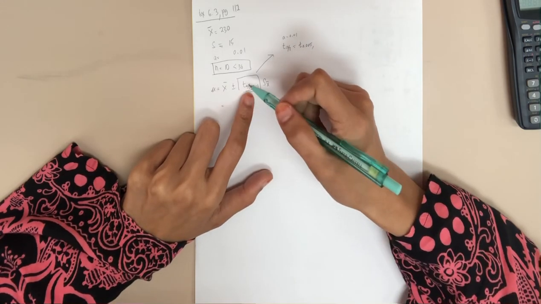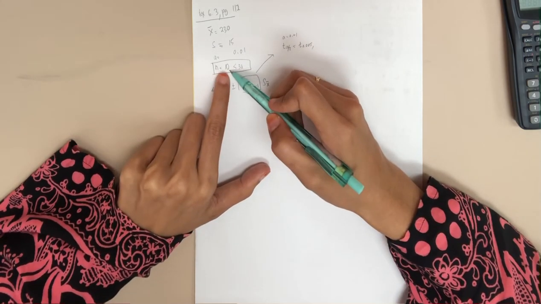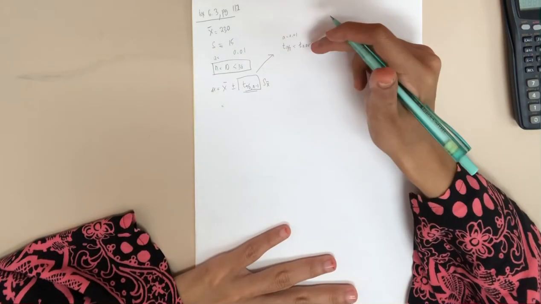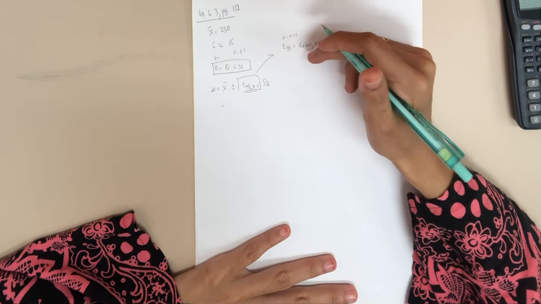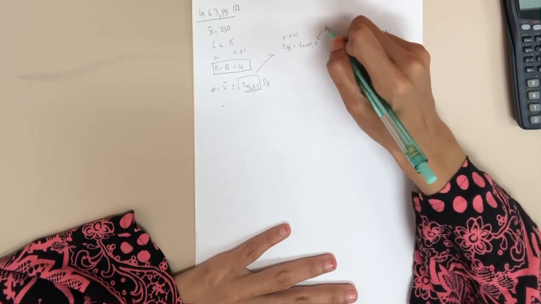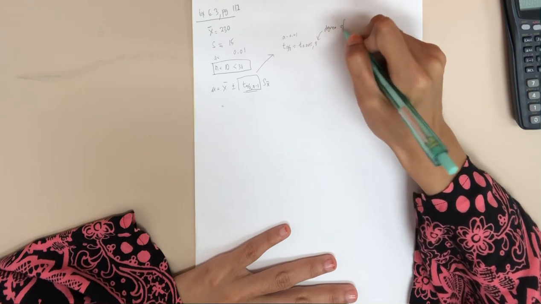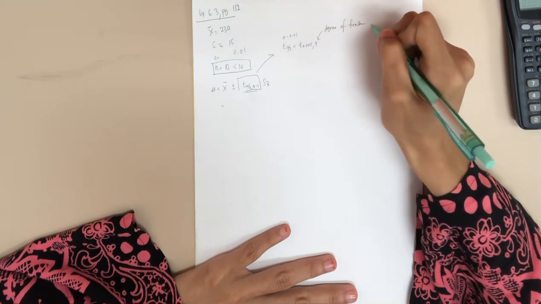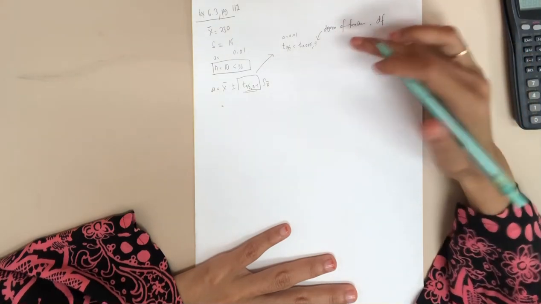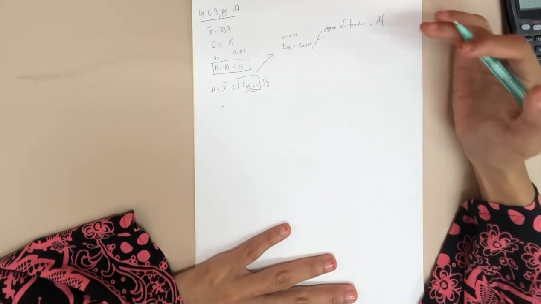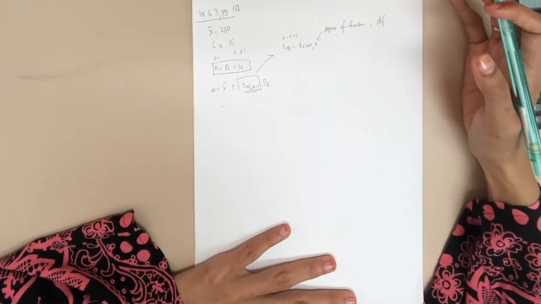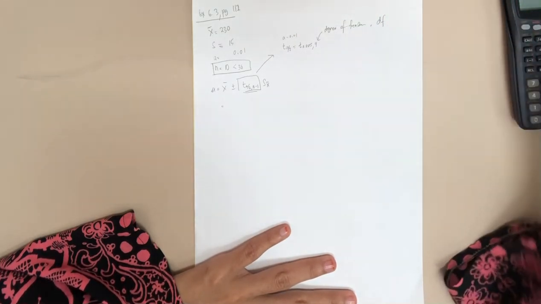Your N just now is 10, so minus 1, it will be T 0.005, 9. Actually 9 here is the degree of freedom, or DF. You need to know your degree of freedom, and it's easy to get: it's just N minus 1.